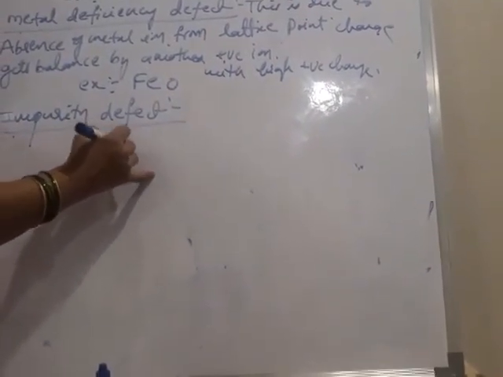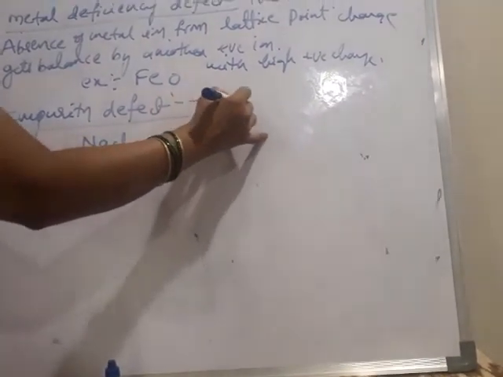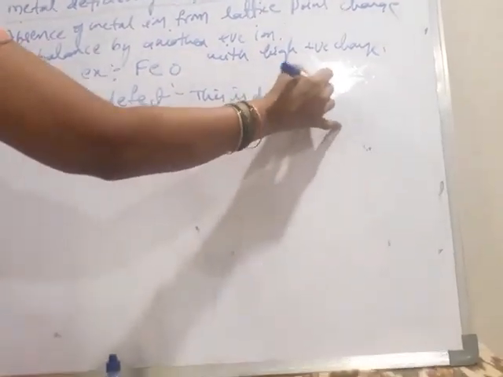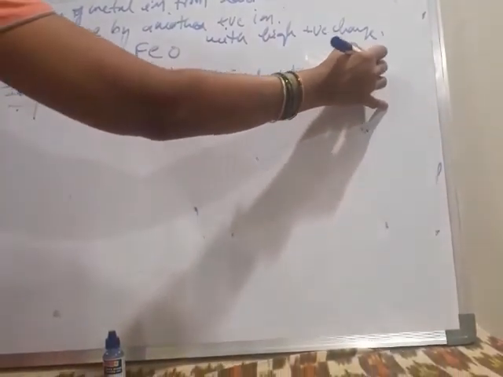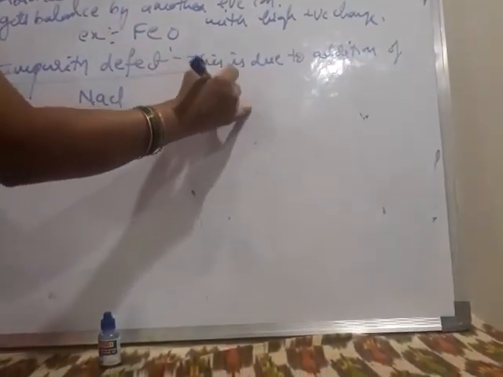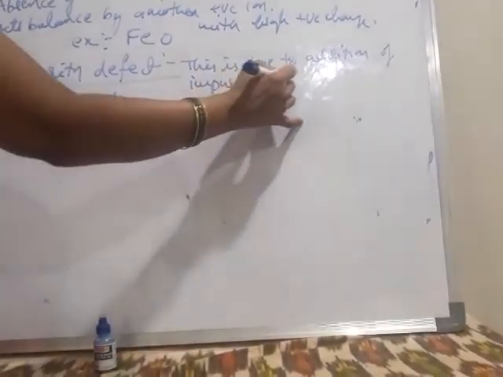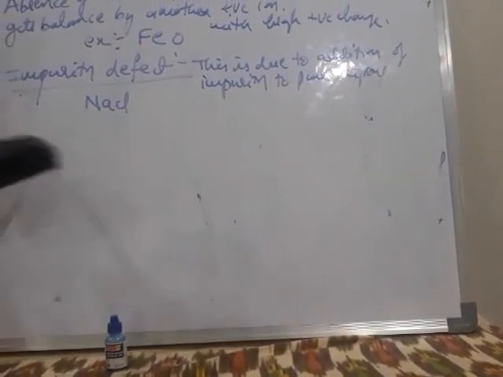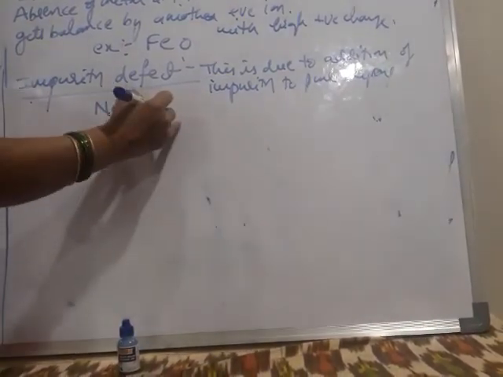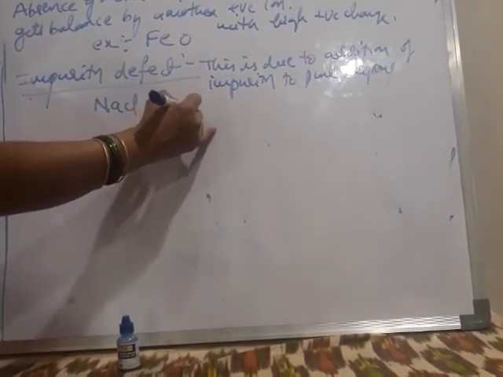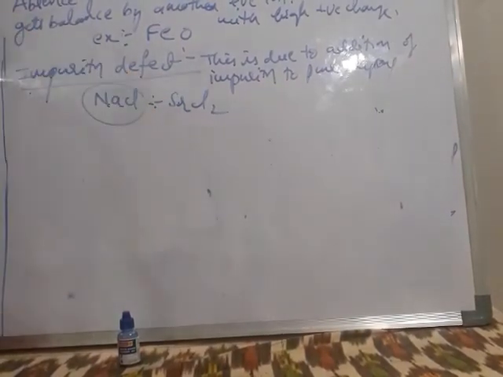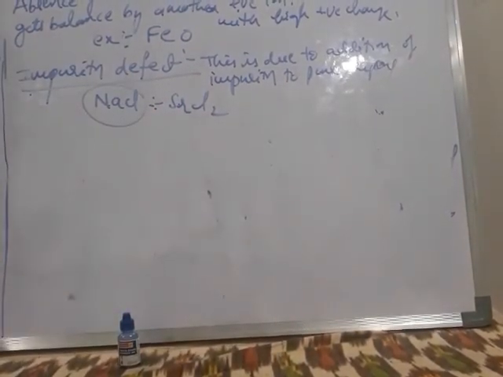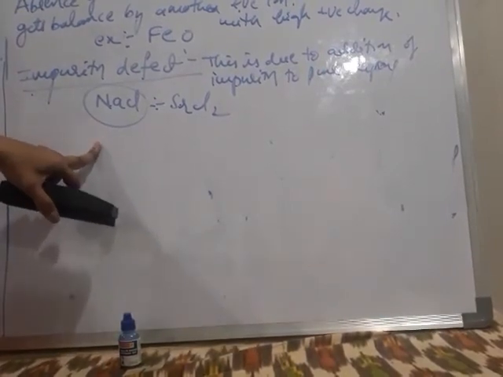For example, NaCl is a pure crystal. If we add strontium chloride to the NaCl crystal, it gets defected.